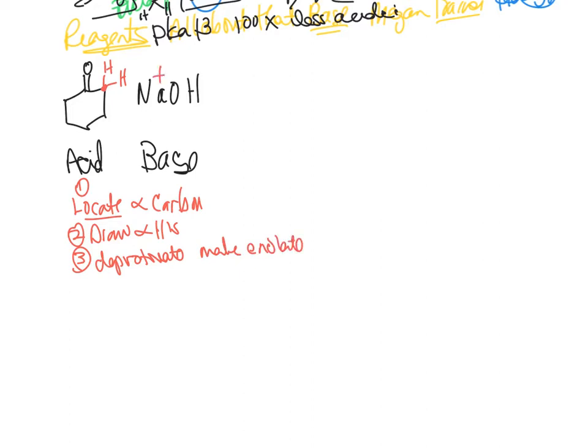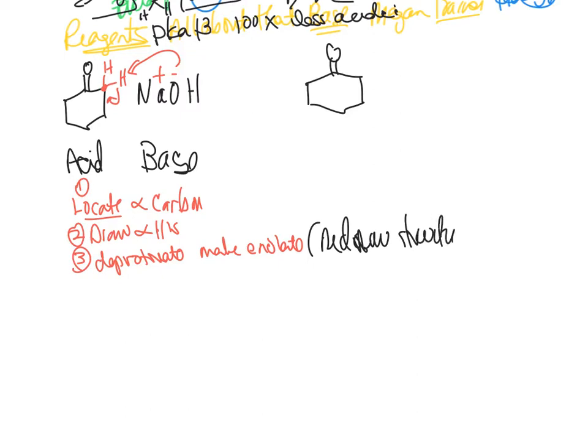You're going to be doing this over and over in this chapter. So what does that enolate look like? You just redraw your ketone, so redraw your structure and then add your monkey face. That's how you draw your enolate. So here's your monkey face.